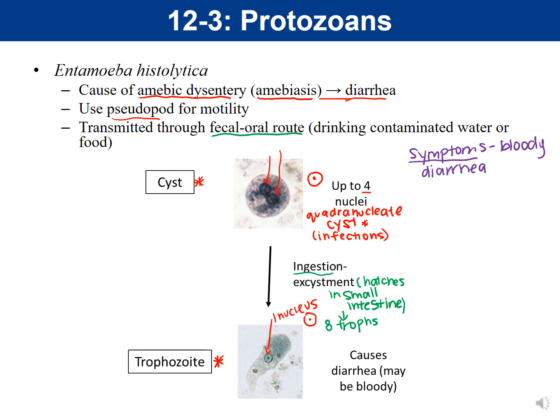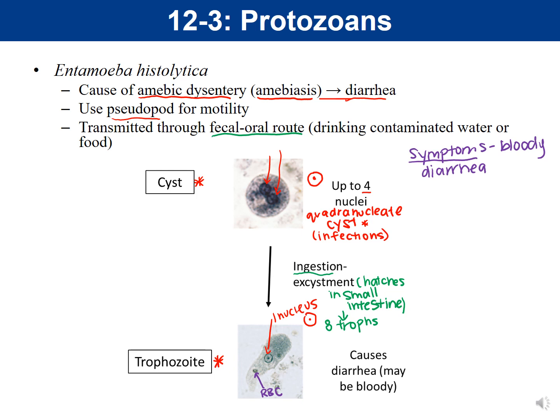and the reason that Entamoeba histolytica can cause bloody diarrhea is because the trophs, one of the things that they can eat as food is a red blood cell. So this little dot that you're seeing in this diagram is actually a red blood cell that this troph has consumed.